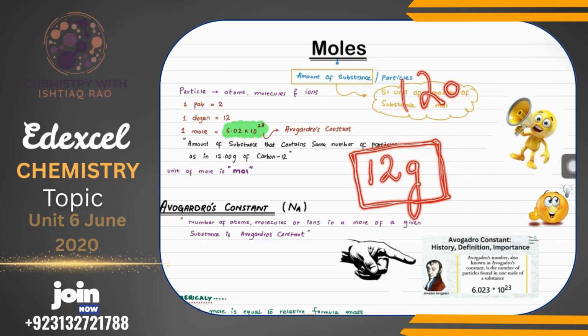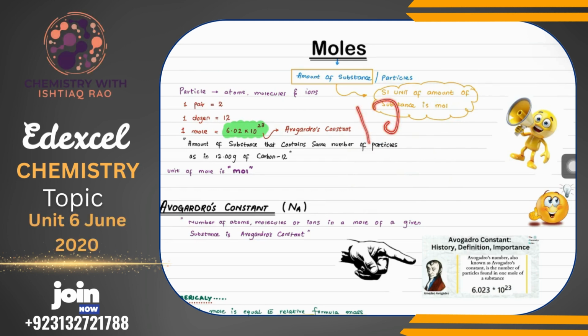Without a unit the thing is incomplete. But when I say I have 12 bananas, you understand. So with counting, a unit is not required.